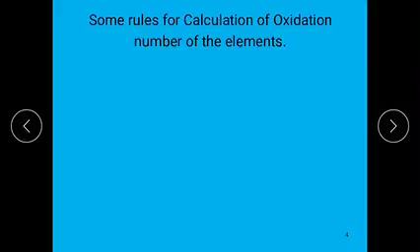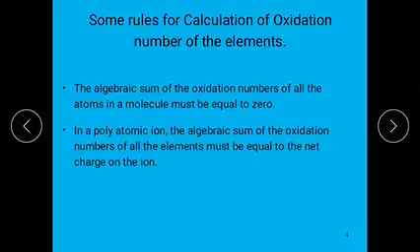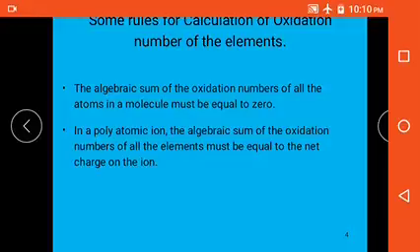Some rules: the algebraic sum of the oxidation numbers of all atoms in a molecule must be equal to 0. In polyatomic ions, the algebraic sum of the oxidation numbers of all the elements must be equal to the net charge on the ion.